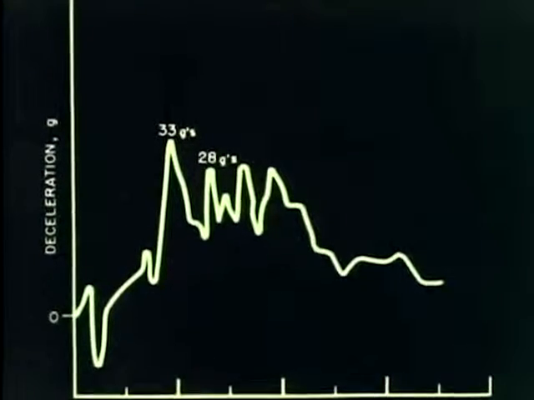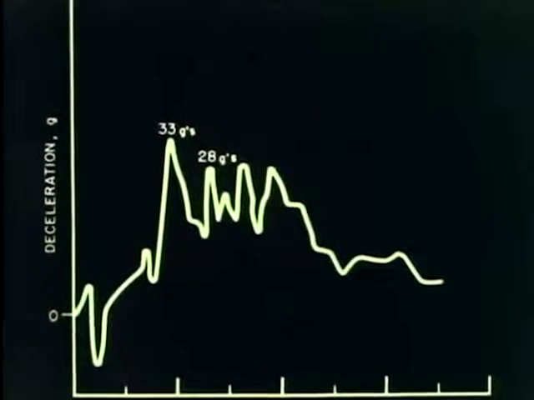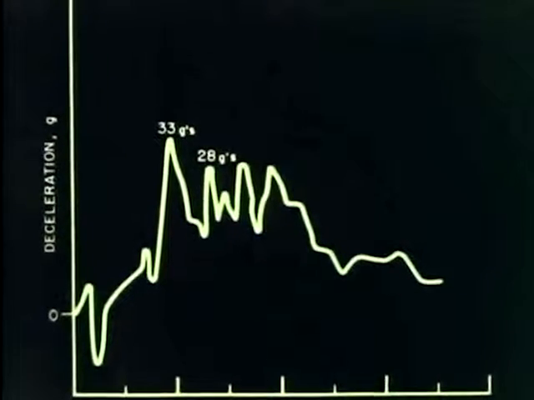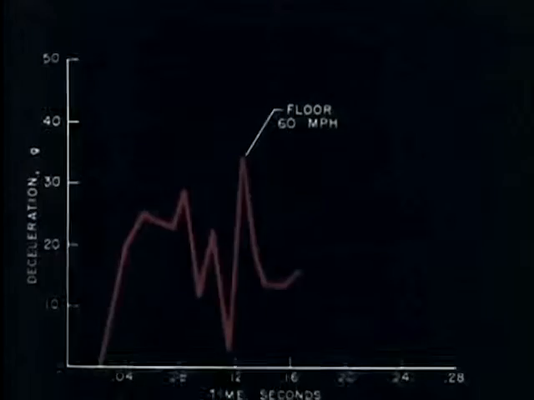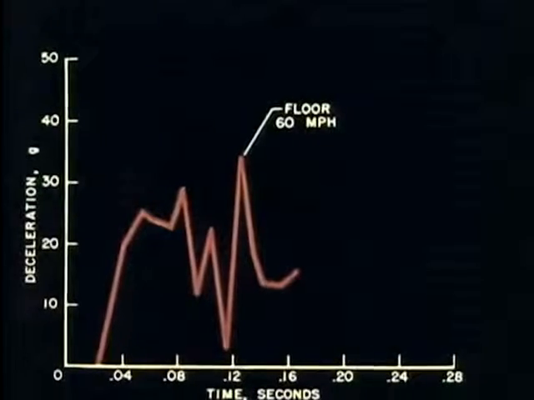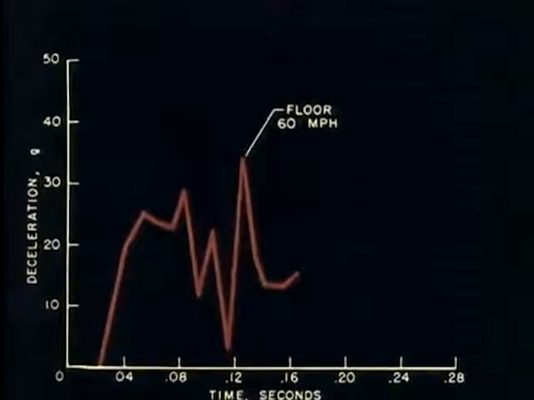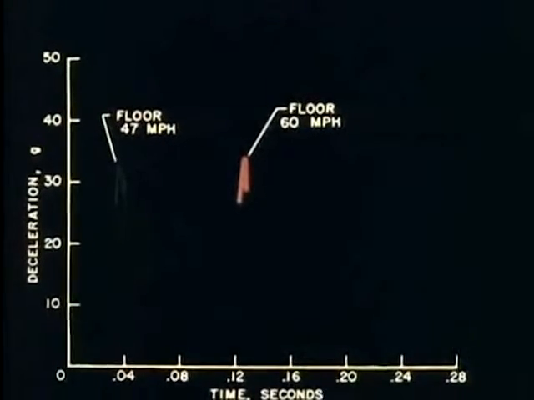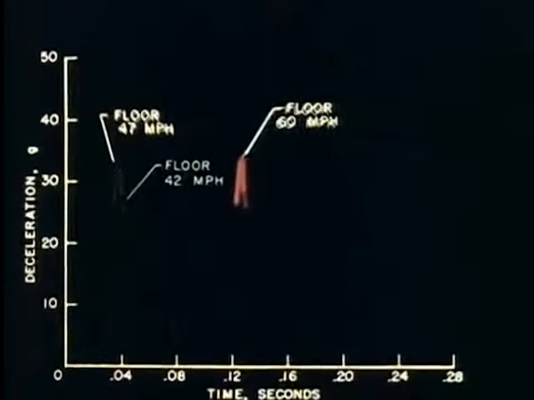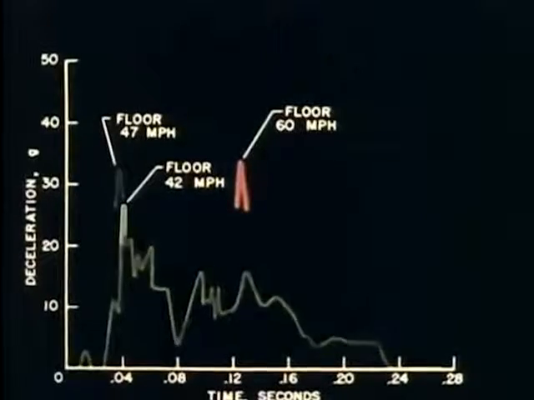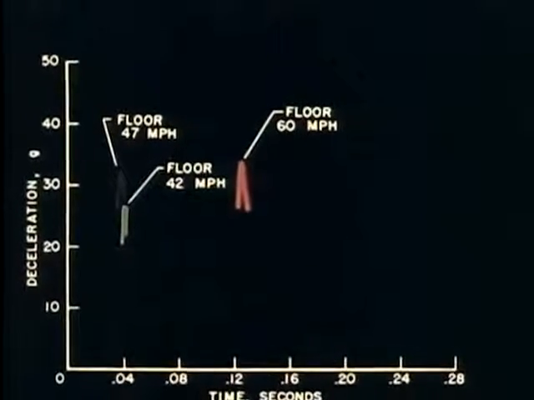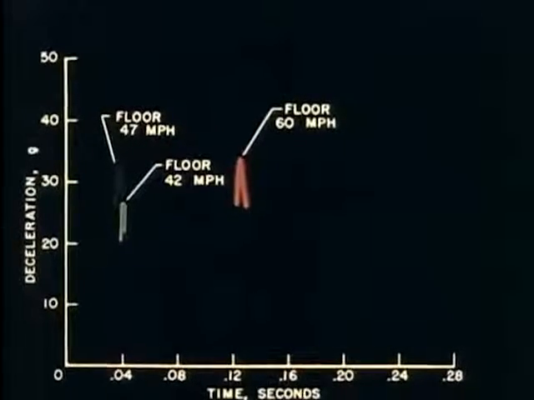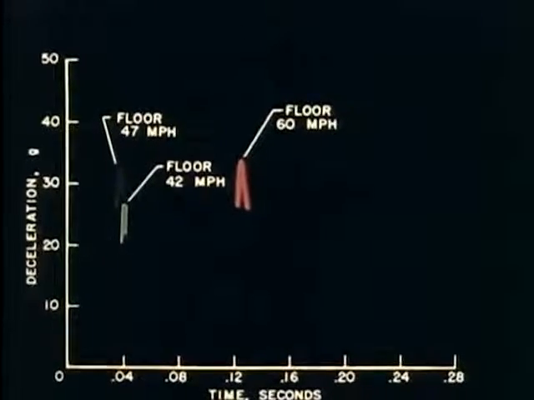The maximum deceleration of the cockpit, therefore, depends directly on the strength of the structure, as long as the cockpit has not collapsed completely. This is illustrated by a comparison of the maximum decelerations measured in the 60 and 47-mile-per-hour crashes with those of the 42-mile-per-hour crash. The maximum deceleration in all cases is about the same, ranging between 26 and 33 Gs.